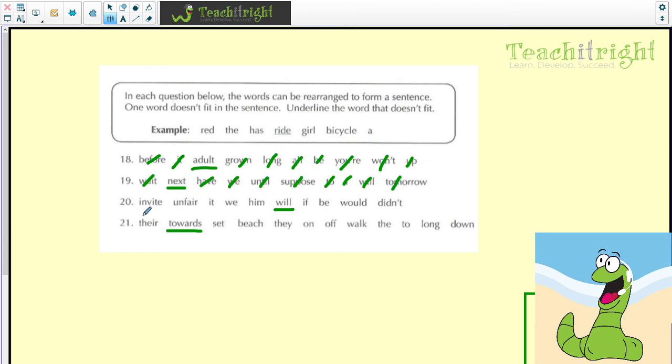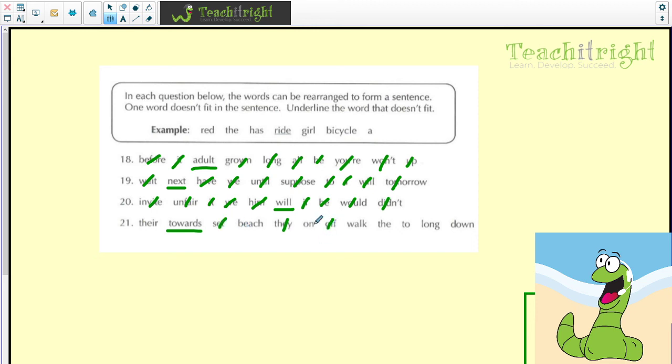And then we've got 20, and the sentence should have read, it would be unfair if we didn't invite him. And will was the superfluous word. And then the last one here, it's useful to start with a pronoun: they set off.